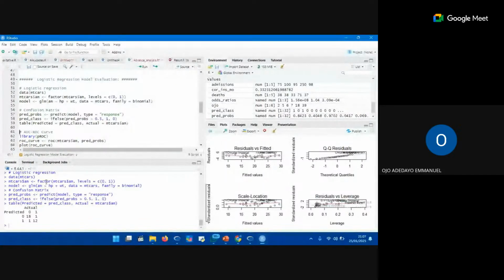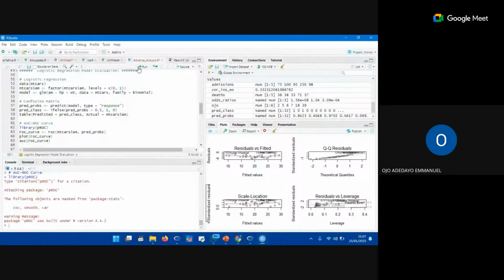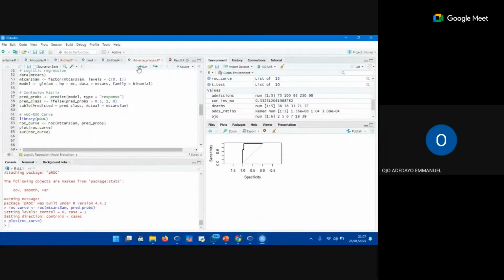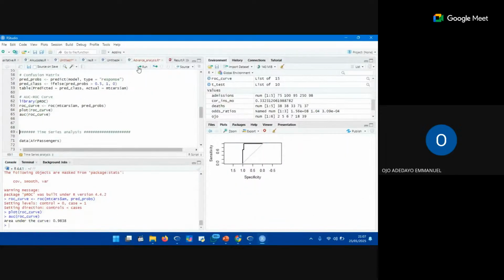Then another way that we can use is to check the receiver curve. Let us plot the receiver curve and let us see how it behaves. Oh, did I need any package? Let me see. Okay. This is our graph.